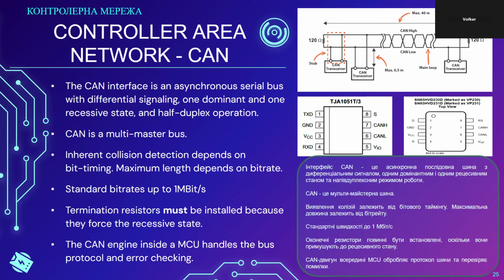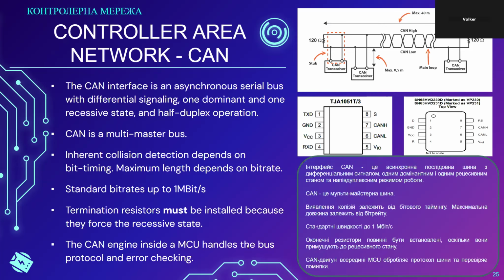And the negotiating system, if a collision occurs, is non-destructive, as in the message that the CAN node with the higher priority is trying to send will not be destroyed if a node with lower priority is also trying to send a message at the same time. This whole system depends on the CAN implementation, the CAN engine inside the microcontroller, checking bit for bit if it has lost prioritization.